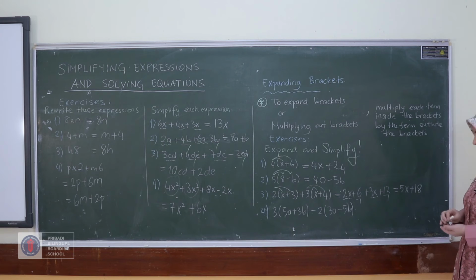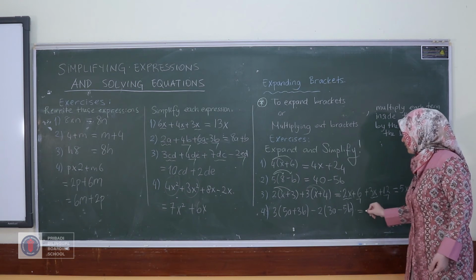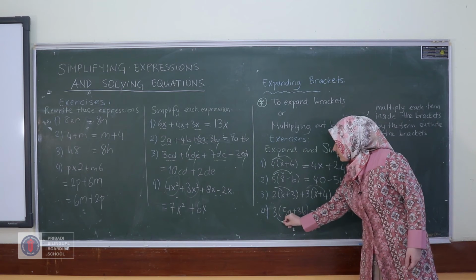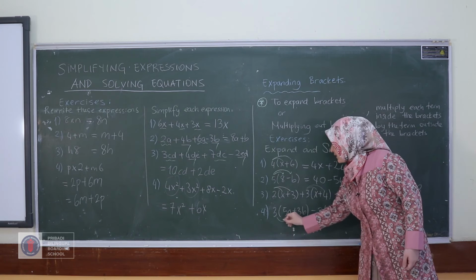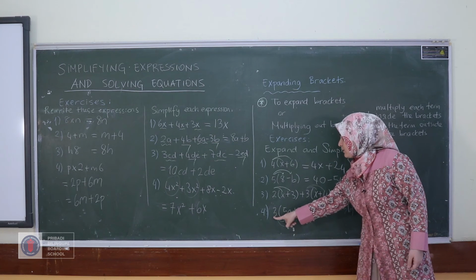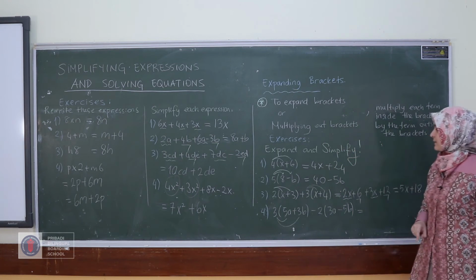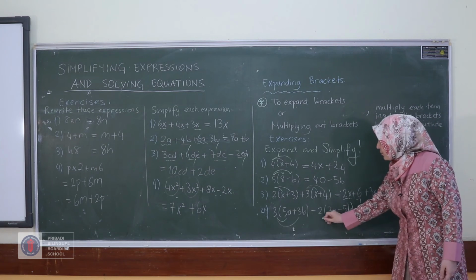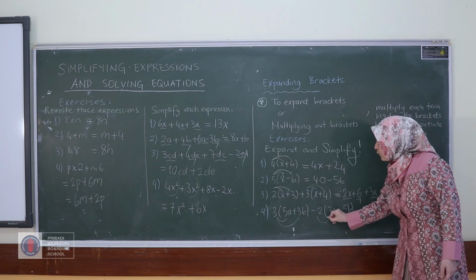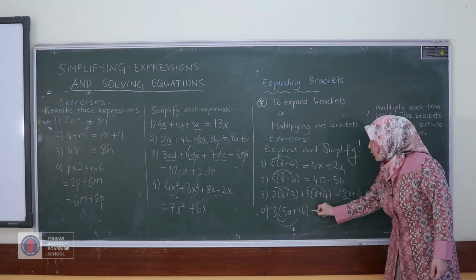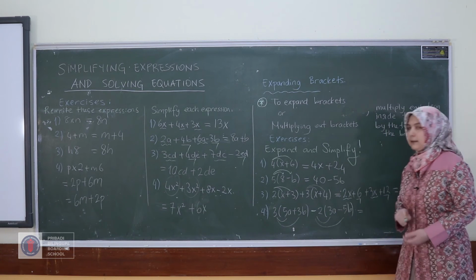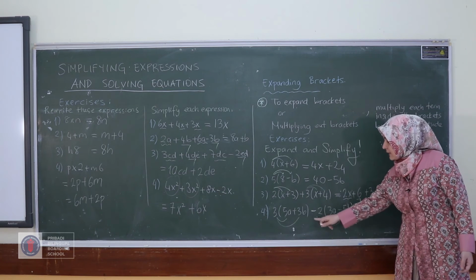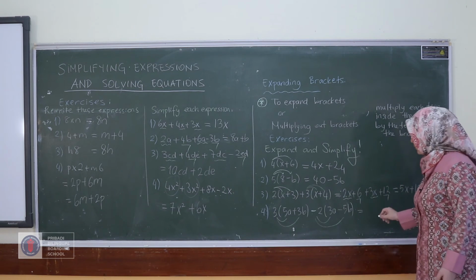And our last question about this topic. We will multiply 5a and 3b by 3 because the term outside the brackets is 3. And for the next one, we will multiply 3a and negative 5b by negative 2. Okay? This is very important. We will multiply by negative 2, because the term outside the bracket is negative 2 here. Be careful about this one.